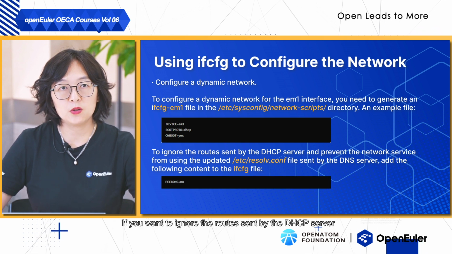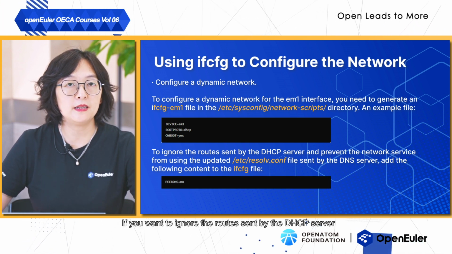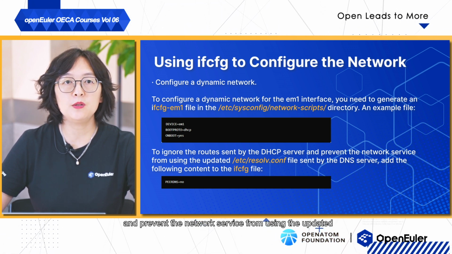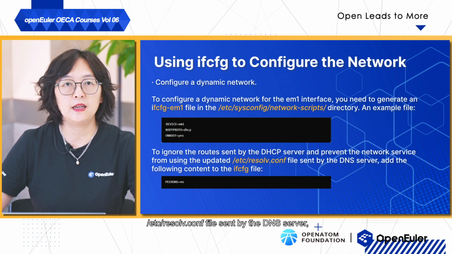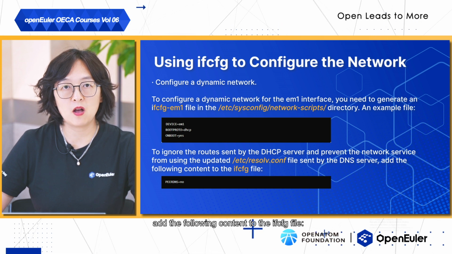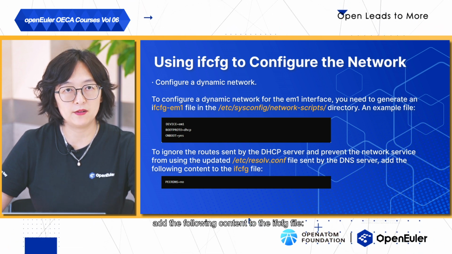If you want to ignore the routes sent by the DHCP server and prevent the network service from using the updated configuration file sent by the DNS server, add the following content to the ifcfg file.